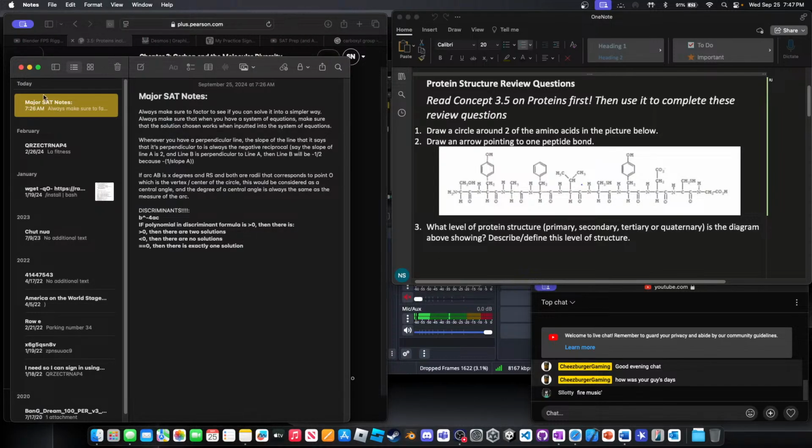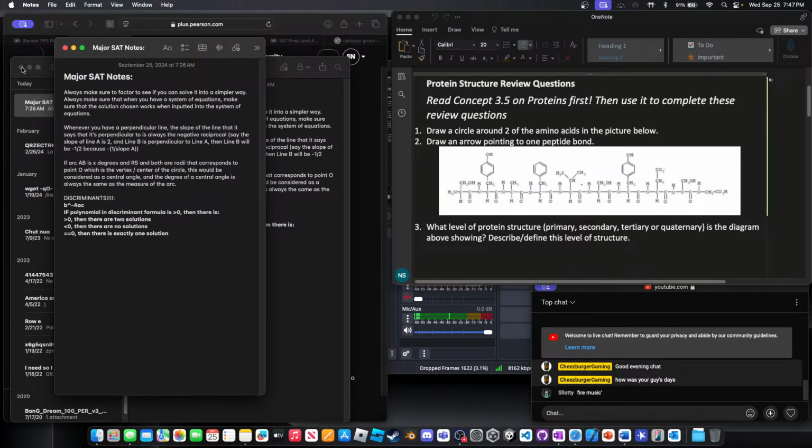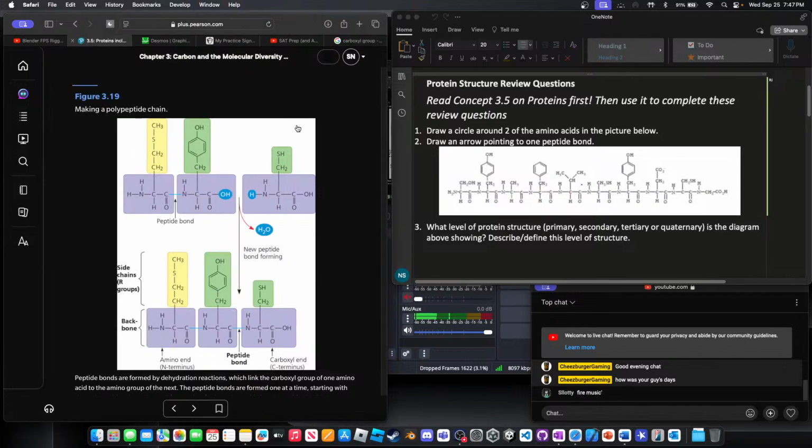Let's bring in my notes too, for the SAT prep. Let's see. I think the bond is right around here. Here is our carbon double bonded to oxygen and our nitrogen here. Or it should be an OH right here, actually. Or OH is probably somewhere.